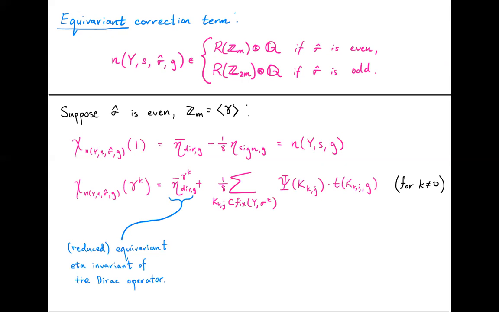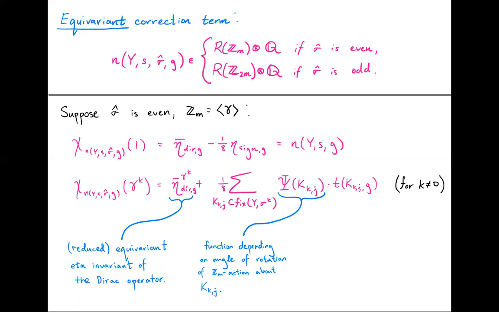First term is the reduced equivariant eta invariant of the Dirac operator. Essentially, this is kind of like a Riemann zeta type function that takes into account the spectrum of the Dirac operator on the boundary and also the group action on it. And then psi is just a product of trig functions.